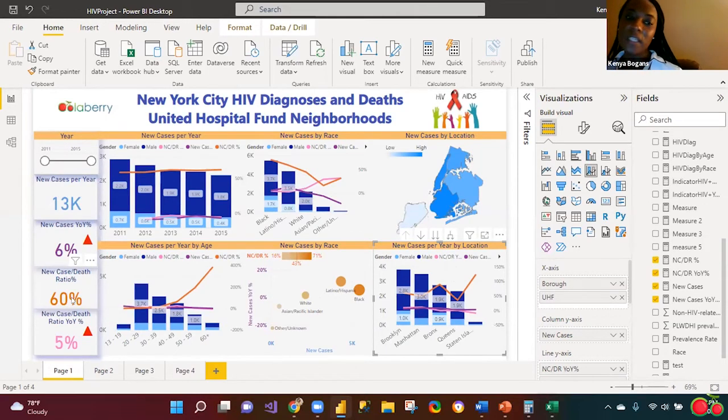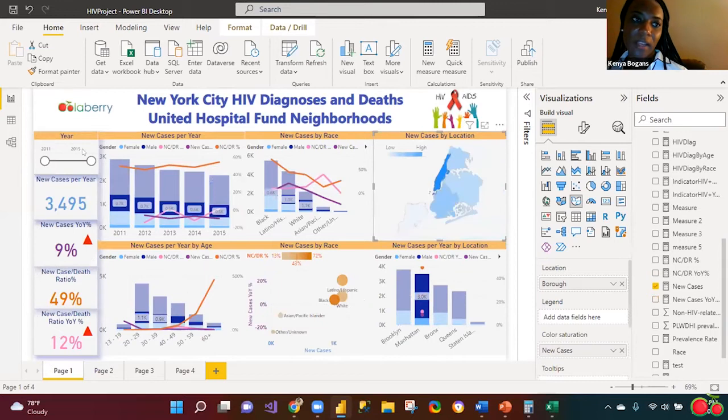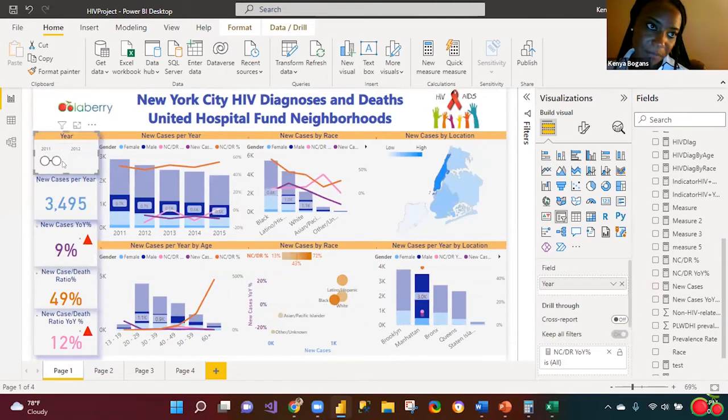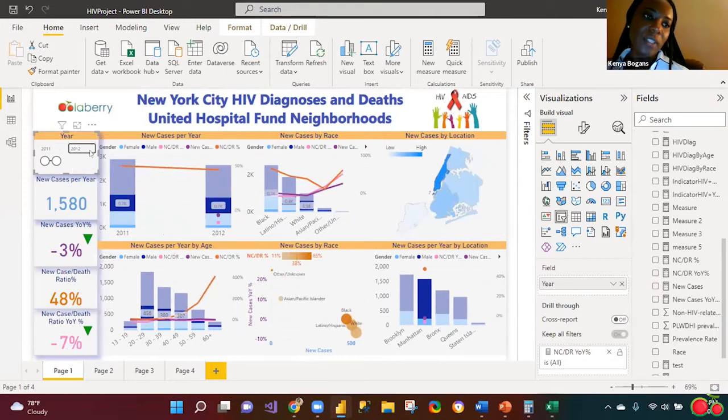For this illustration, I'm going to look at Manhattan, which is here. I'm going to select Manhattan, and I'm going to look at the years 2011 through 2012. And I'm just going to describe what we see. New cases for Manhattan for 2011 through 2012 is 1,580 cases.